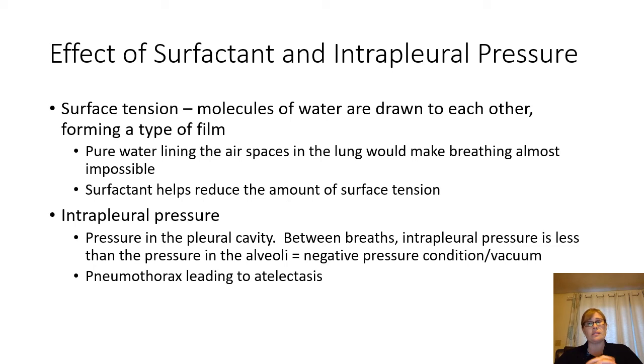Surfactant secreting cells have not matured yet, and we are dealing with a lung where the alveoli are going to collapse with each breath because we just have this pure water and we don't have that surfactant breaking that surface tension. And so your activity is going to ask what effect that might have on lung volumes.